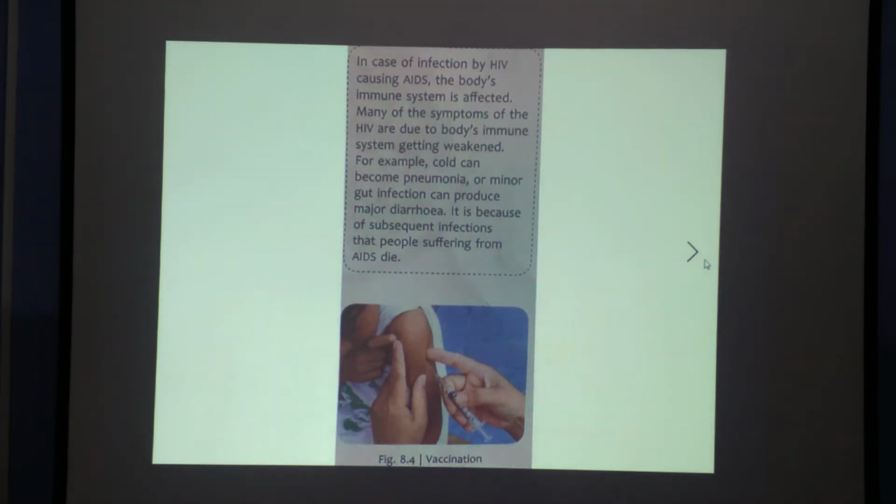So naturally, the immune system will now produce certain substances which develop resistance against that particular pathogen which causes the disease. So a vaccine can be injected or taken orally.